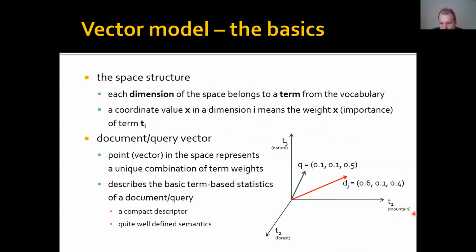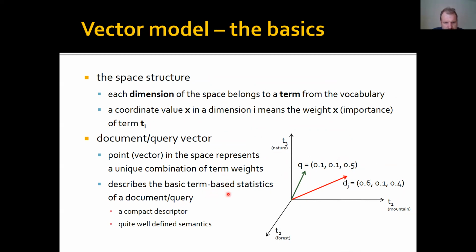So for example, for mountain and this document, DJ, there is weight 0.6 that says the term mountain is important to this document. 0.6, like 60%, if we have a bounded scale. On the other hand, the query has different weights, and therefore they are positioned differently in the space, and that's why we then compute their similarity based on the distance in the space.